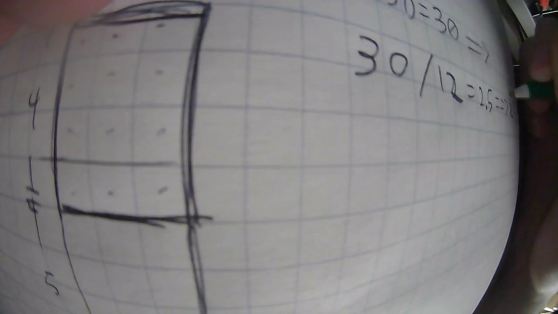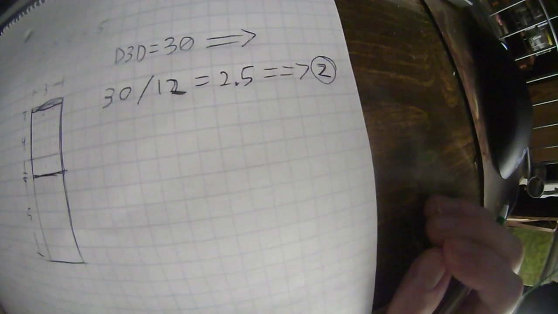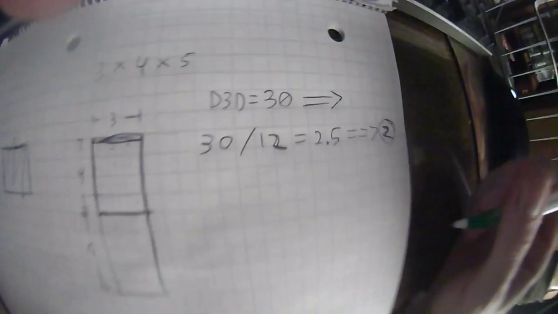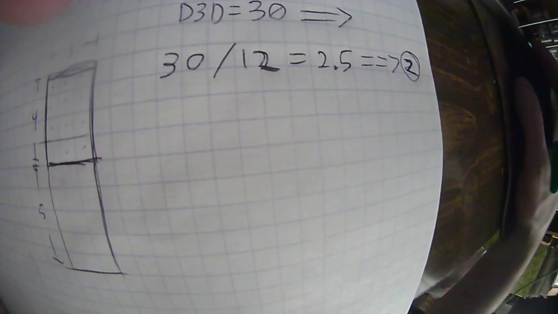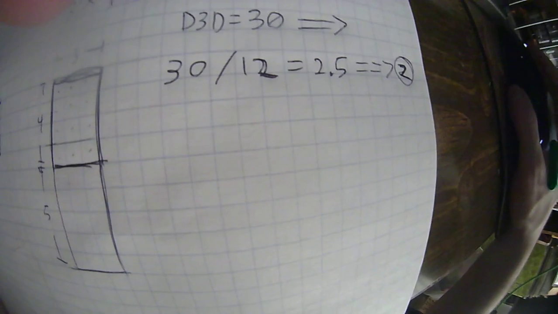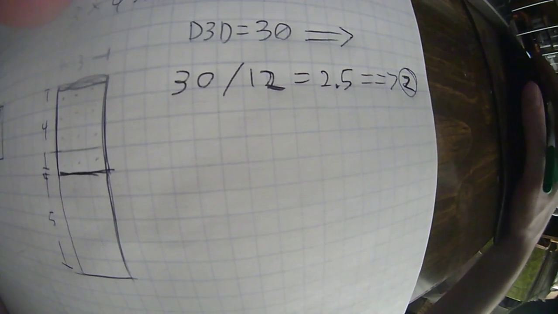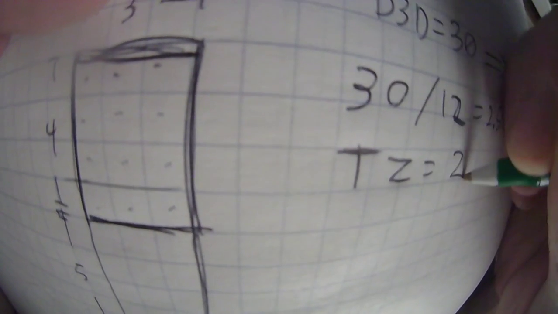So 30 divided by 12 equals 2.5, but when we truncate it, we get a 2. So what is that in our formula? We did this line, and that should be our z value. So our z value should be 2. So we think that tz equals 2.